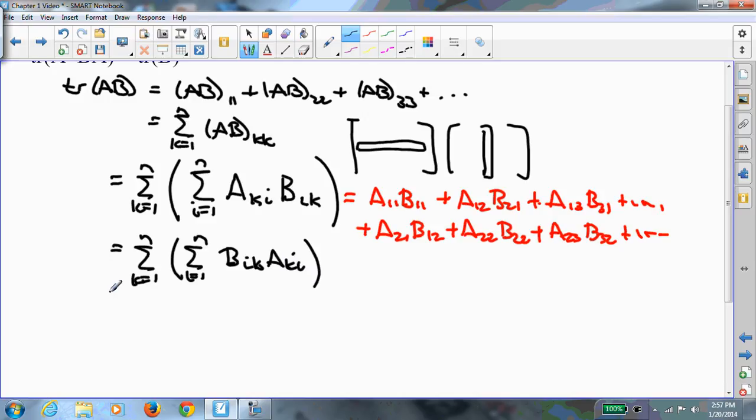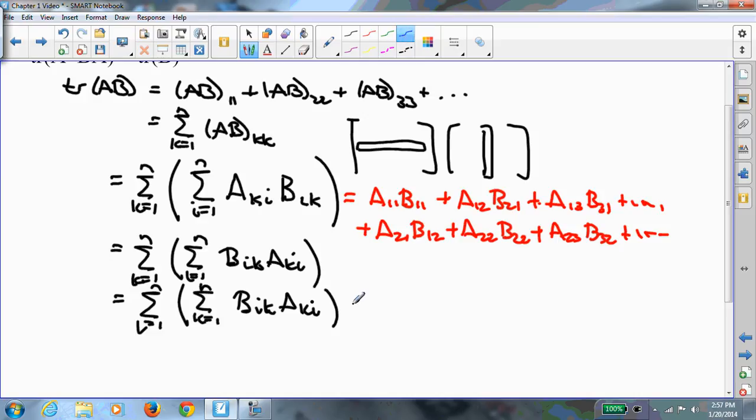But I'm actually going to rewrite the order of the summations, since I have two of them. I can rewrite this as the sum from i equals 1 to n, the sum from k equals 1 to n, of B_ik A_ki. And I'm going to show you why I can do that.